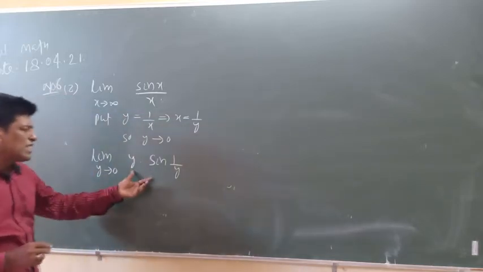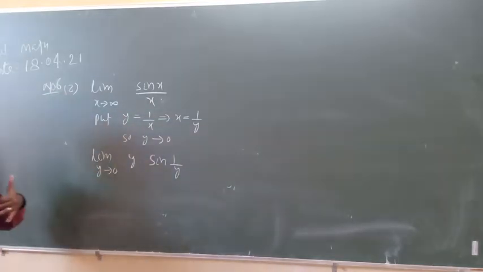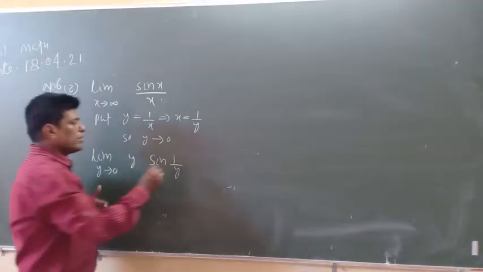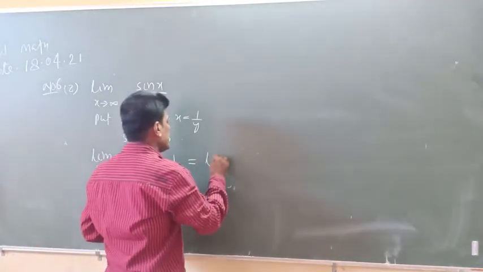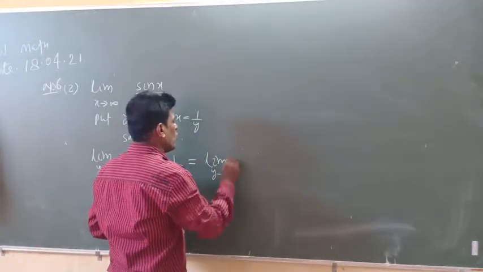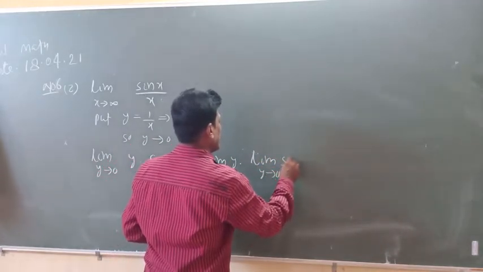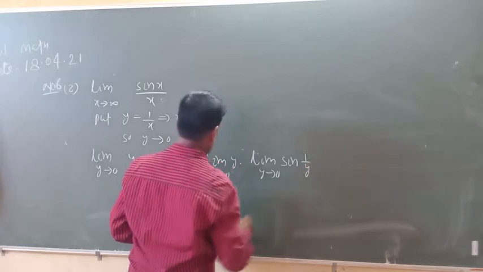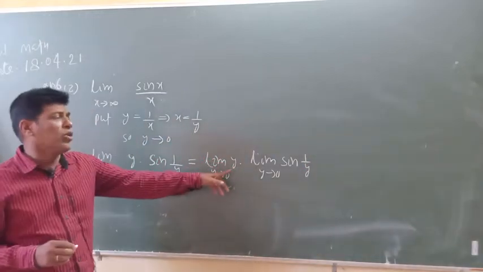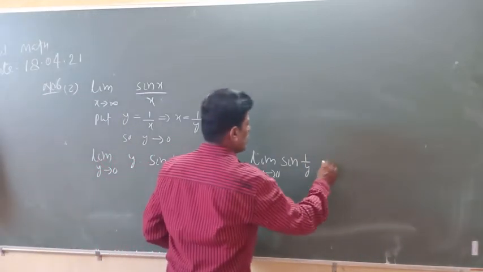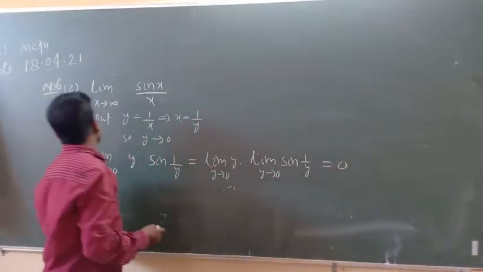This type of problem I have already solved before, in number 2i. Limit y tends to 0, y into sin 1 by y. Here the value of y is 0, and 0 into something is equal to 0. That is number 6i.